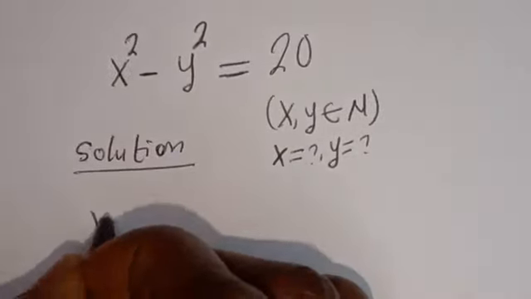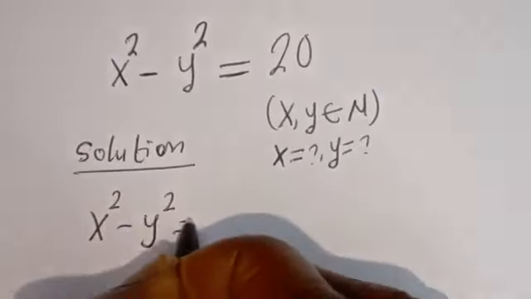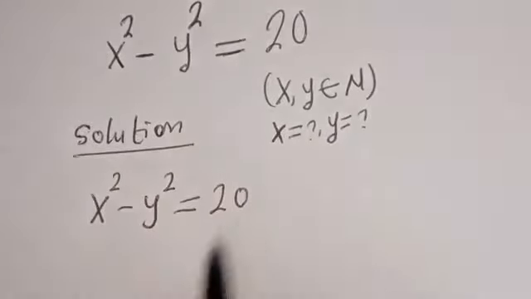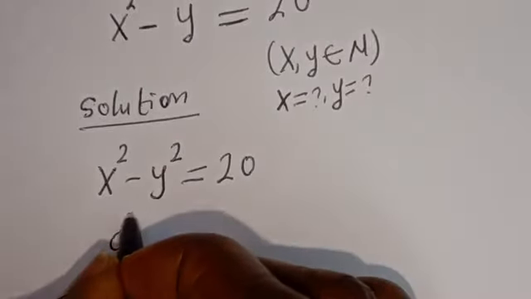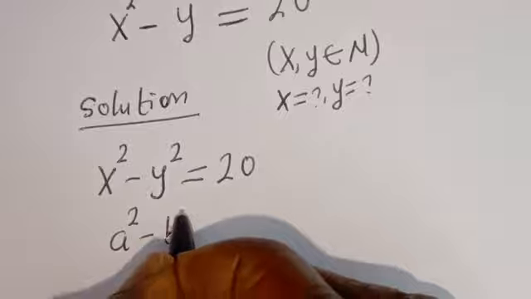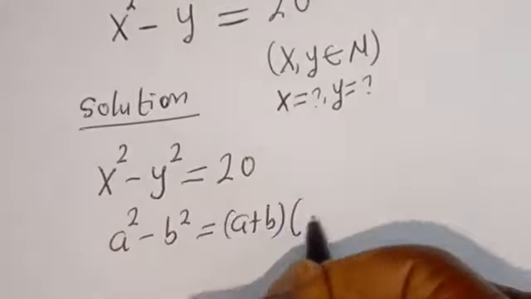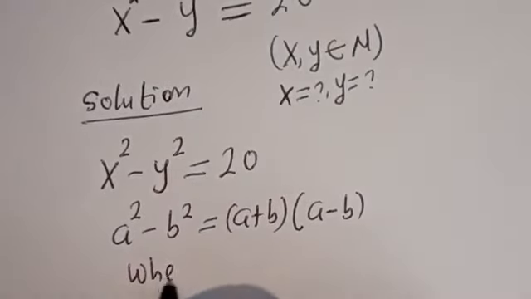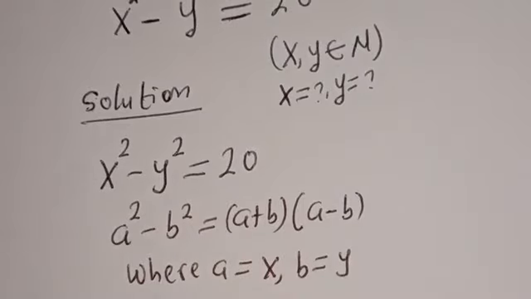Here we have x squared minus y squared is equal to 20. Then we are looking for the values of x and y. Take note of this: if you have a squared minus b squared, this is equal to (a plus b)(a minus b), where a is equal to x and b is equal to y.